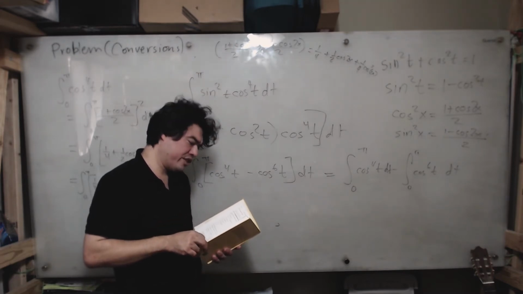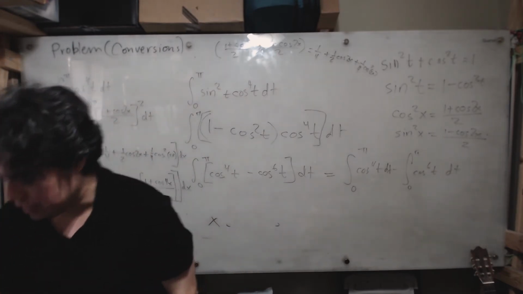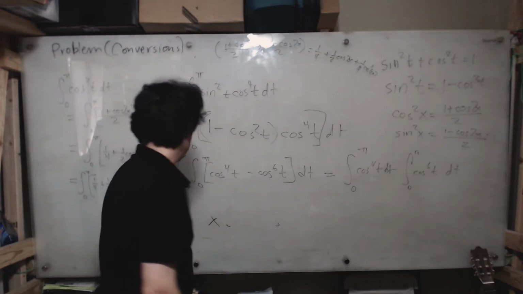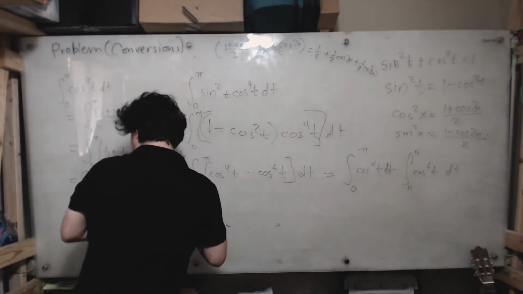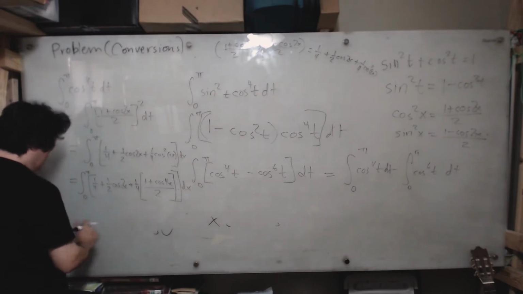Ah, yes. Cosine squared x is 1 plus cosine 2x over 2. Yes, exactly. So now everything I've done so far is good, and now here we're finally getting to the main event.